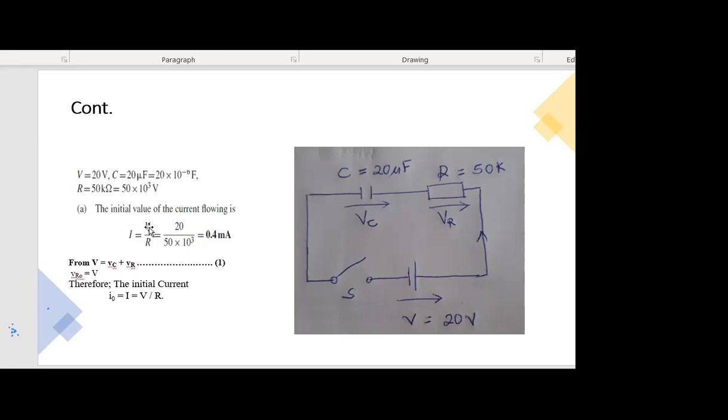So using Ohm's law, I will be V over R. You substitute for voltage, 20 V over 50 times 10 to the 3, which is kilo ohms. Then you get 0.4 milliamps.